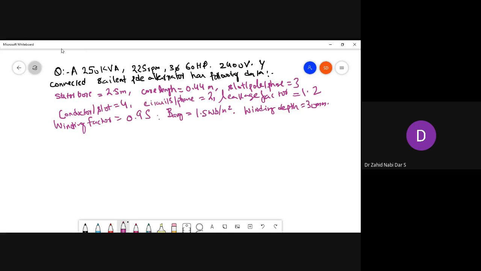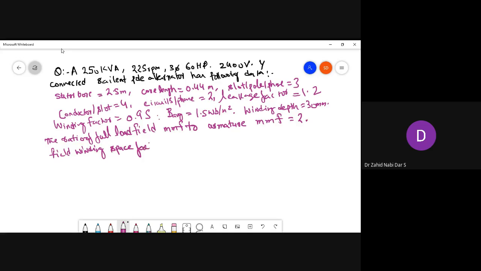The ratio of full load field mmf to armature mmf is equal to 2. Field winding space factor is equal to 0.84.